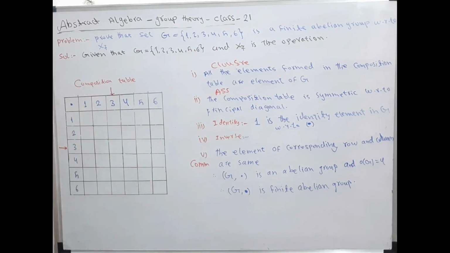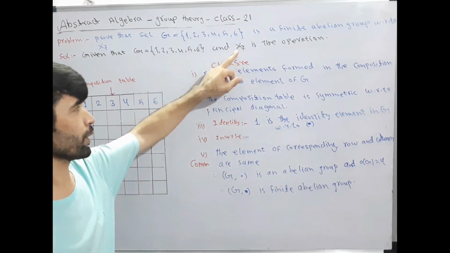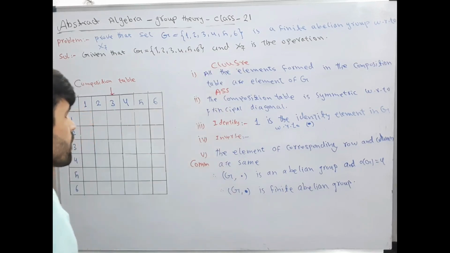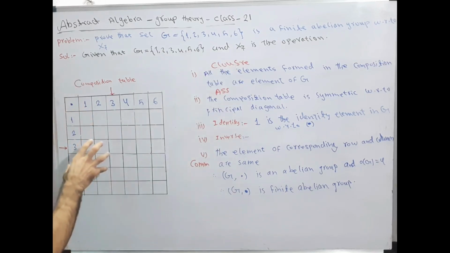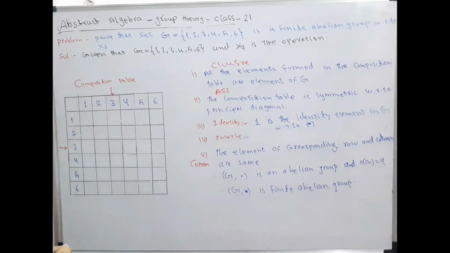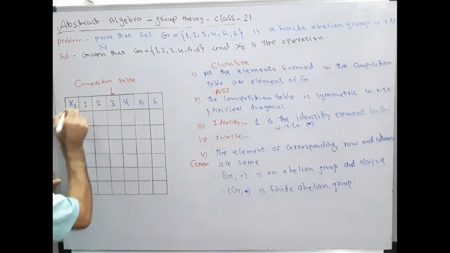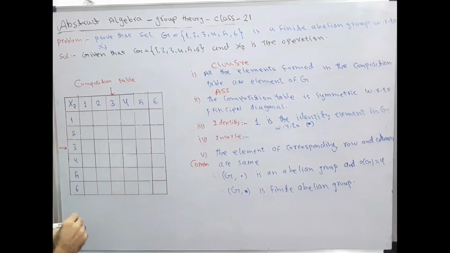First of all, we have to make the composition table under multiplication modulo 7. Here, as you see on the left side, the operation is multiplication modulo 7.